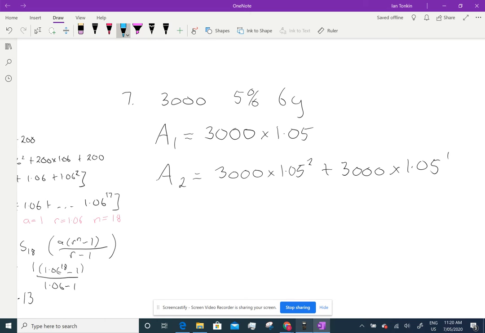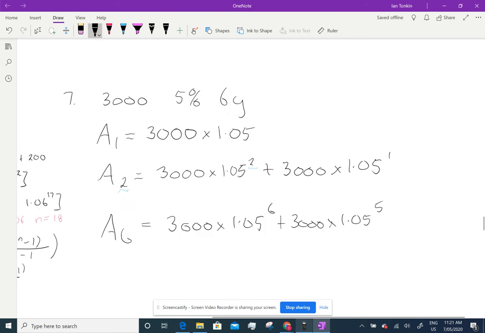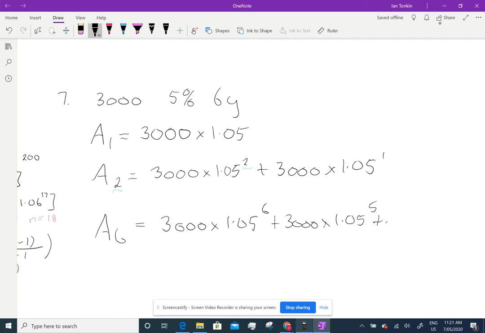Now, here's the big difference. That number and that number are now the same. So we could keep going, but we can jump to 6 now. I'm going to have 3,000 times 1.05 to the 6 plus 3,000 times 1.05 to the 5. I'm not going to write down all the terms. Plus ... 3,000 times 1.05 to the 1.